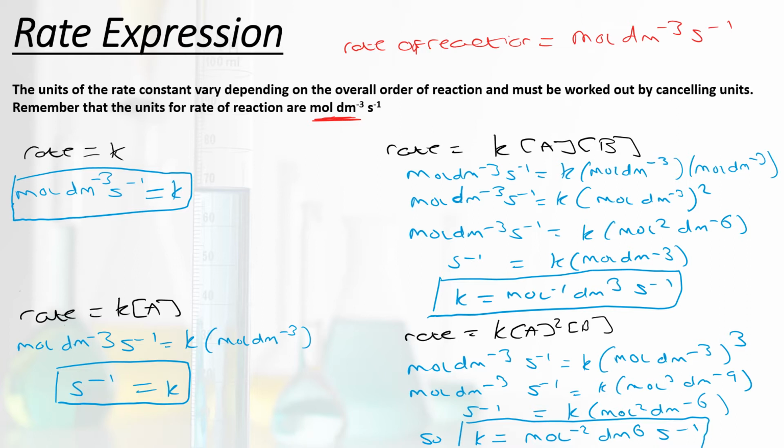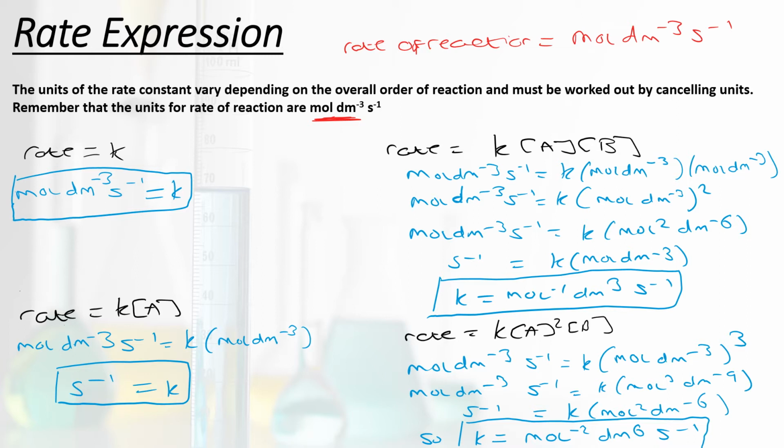Another way to think of it is to have mole per decimeter cubed per second on the left-hand side, and mole per decimeter cubed, squared, on the right-hand side. I have 1 mole per decimeter cubed on the left and 2 on the right, so if I cancel 1 from either side, I'm left with just per second on the left-hand side, and k times mole per decimeter cubed on the right-hand side. To find k, I have to divide through by mole per decimeter cubed.